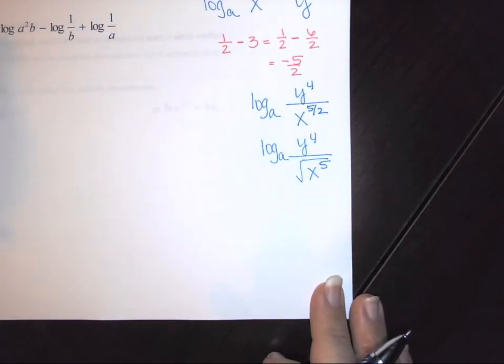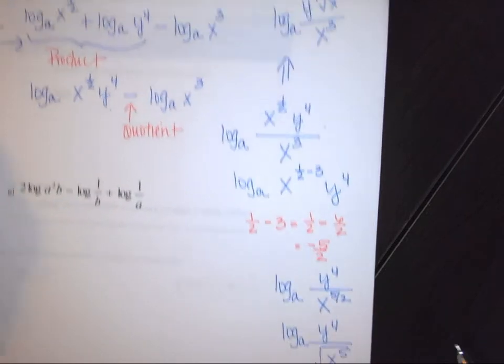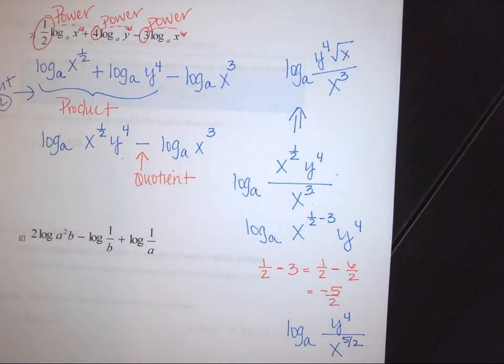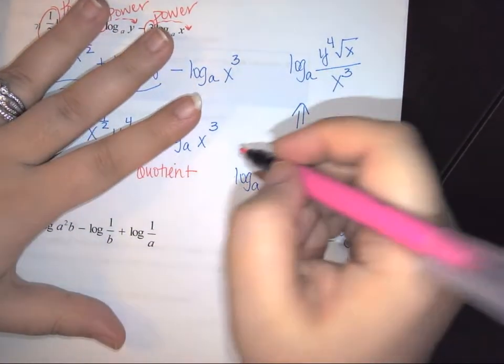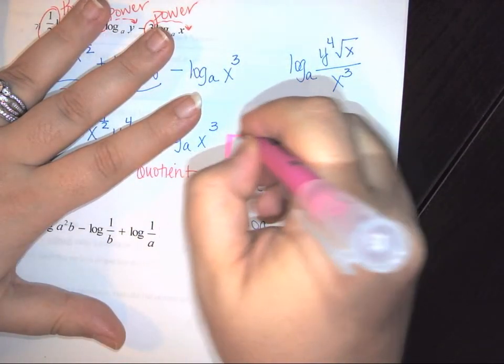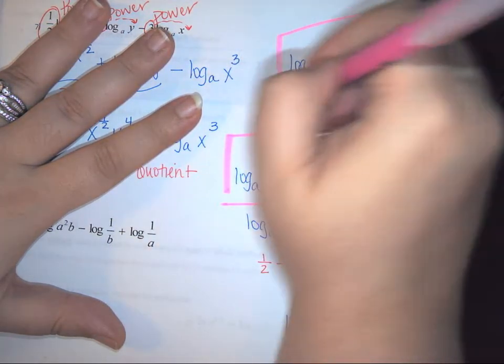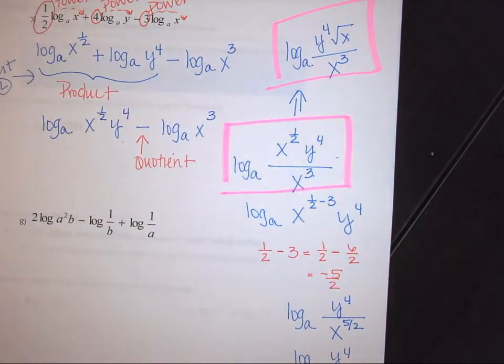Okay. Now, to be perfectly honest, most people or most instructors would be looking for this first answer or the radical answer. And those would be the two that we would be looking for, and that's where we would want you to stop.